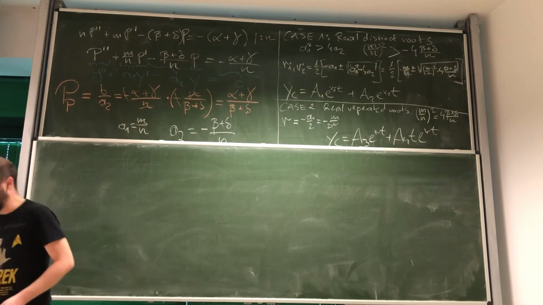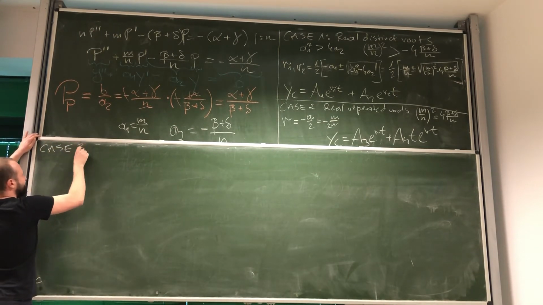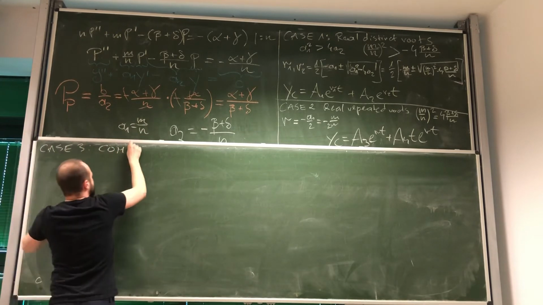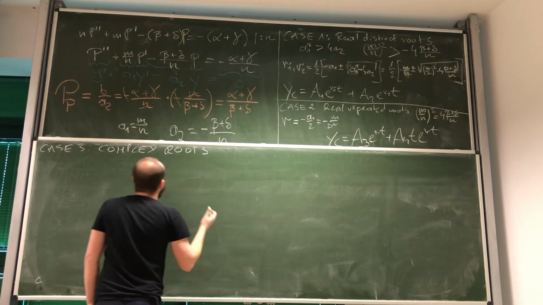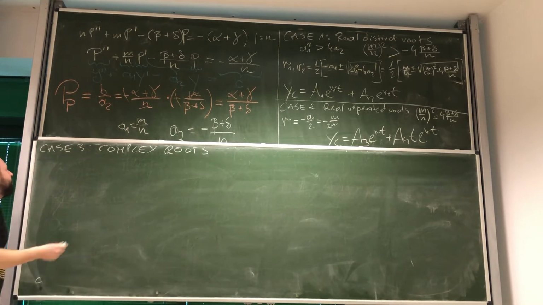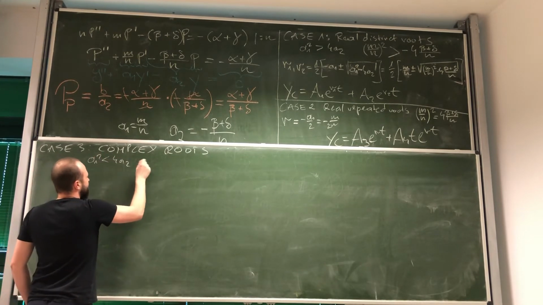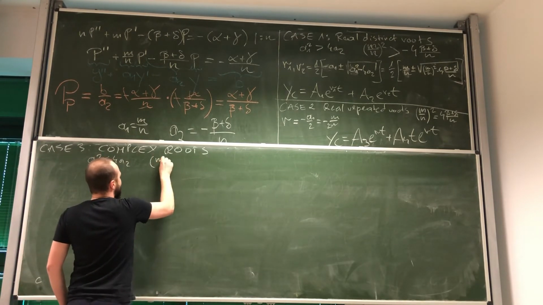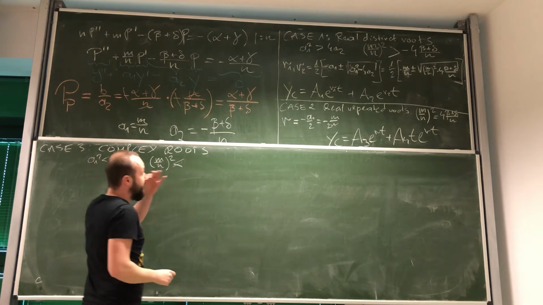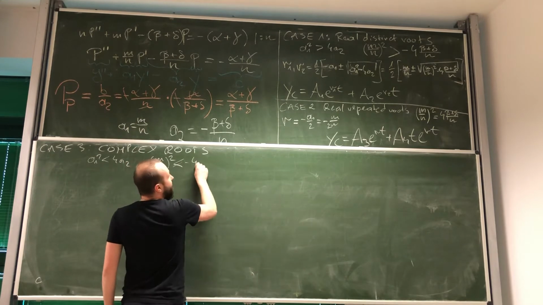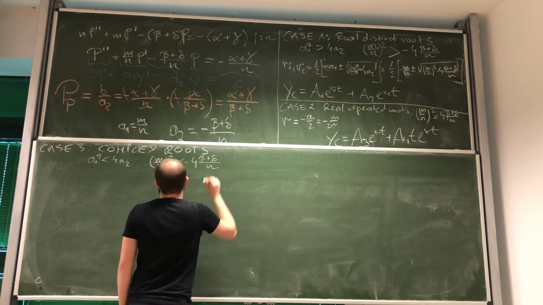In the case of complex roots, we now have the situation that a1 squared is lower than 4a2, which in our case means that m over n squared is lower than negative 4 times beta plus delta over n.